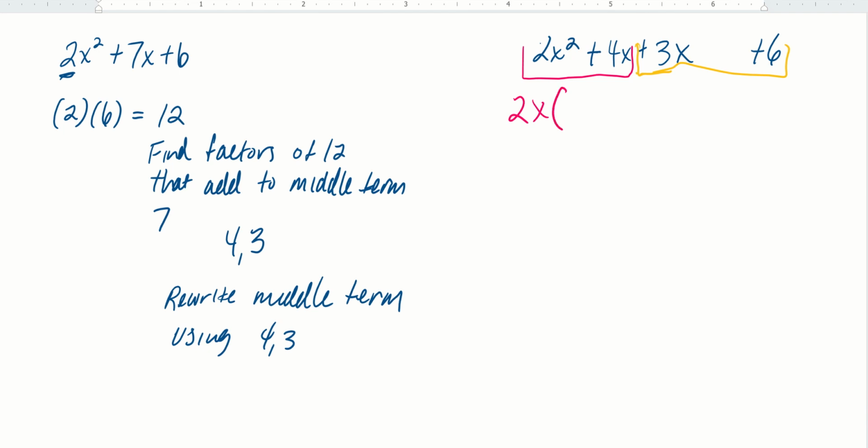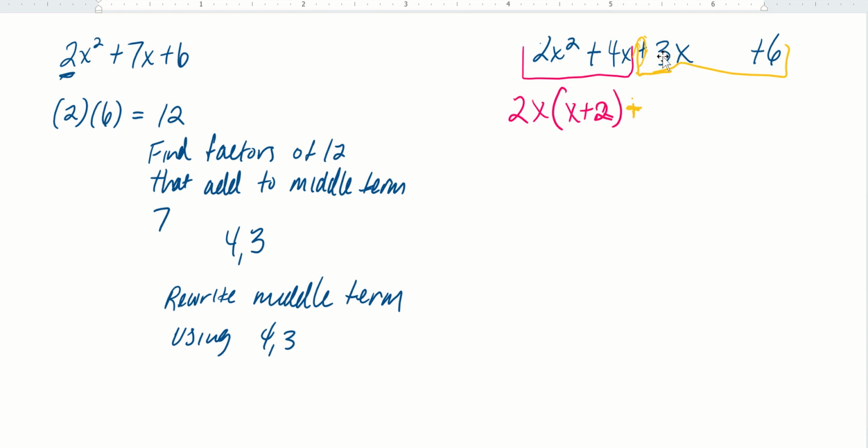And then in the parentheses, I'm going to divide both terms by 2x. So 2x squared divided by 2x is x. 4x divided by 2x is 2. Over here, always bring down this sign. So I'm going to put plus.